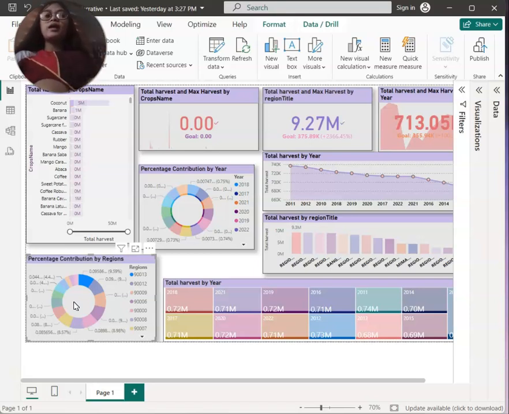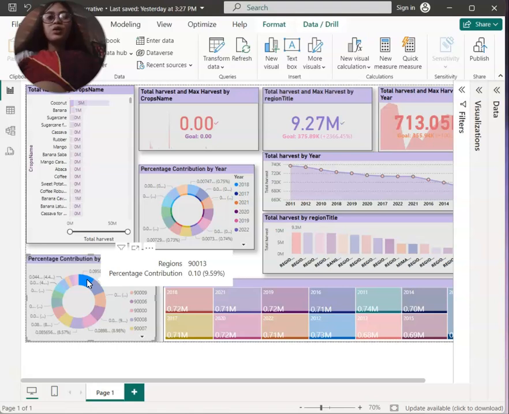You can see we can identify clearly that region 90013, which is the Davao, has the highest percentage contribution, at a rate of 9.59%.